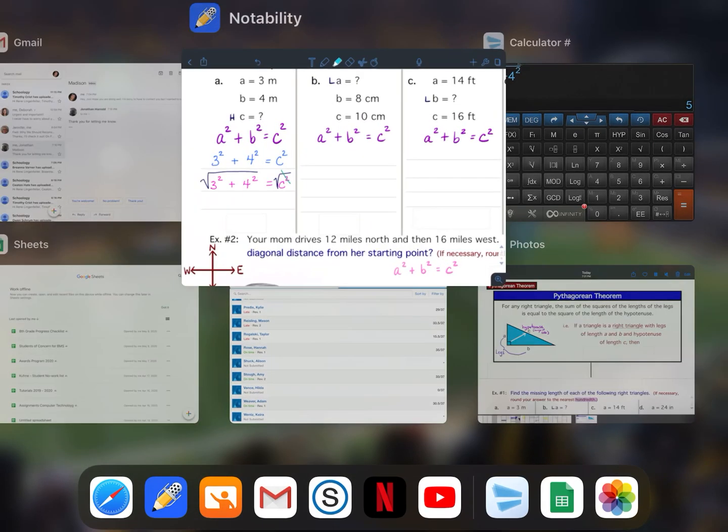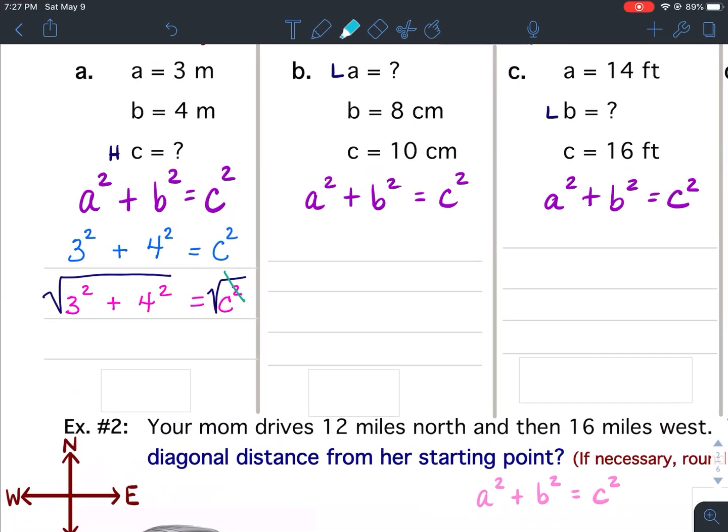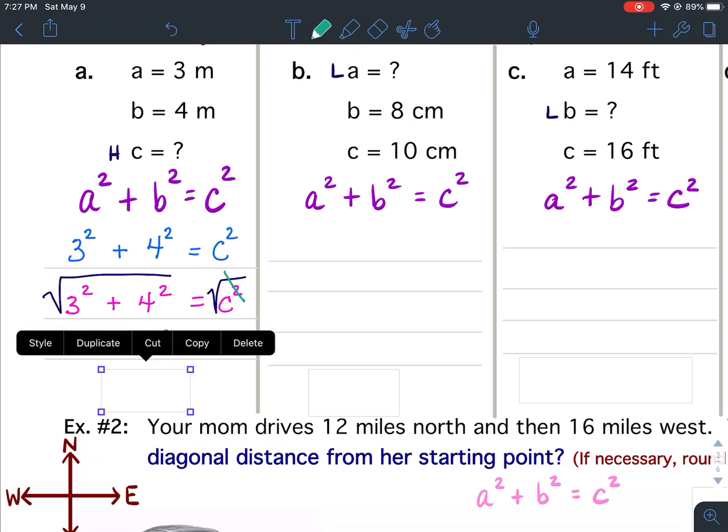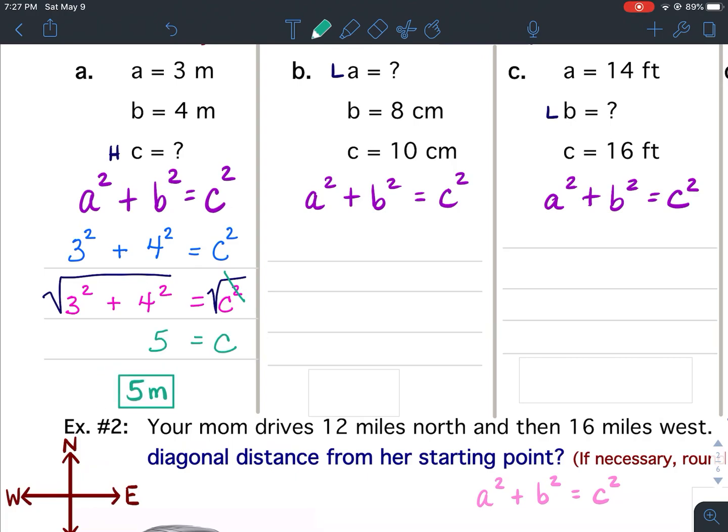So our final answer is 5 equals C. And we need a unit with it, so it is 5 meters. That's example A. Pause your video, make sure you have all that written down. If you have any questions, let me know.